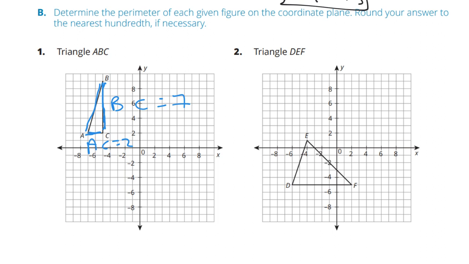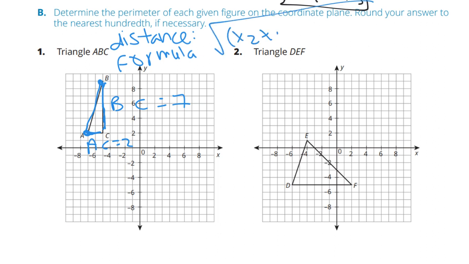But remember, if you try to find the distance between 2 points, you can use the distance formula, which is the same thing as the Pythagorean theorem, right? Remember that they're both the same thing. So this is the distance formula, the square root of x2 minus x1 squared plus y2 minus y1 squared.